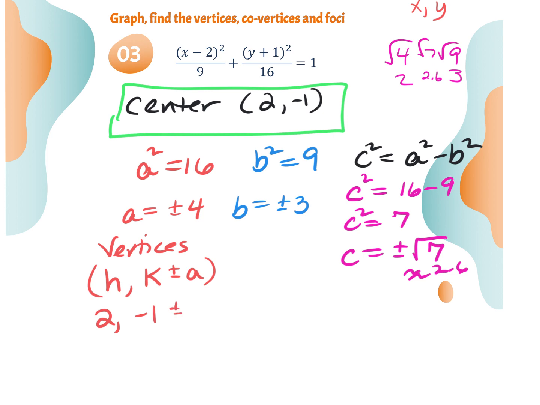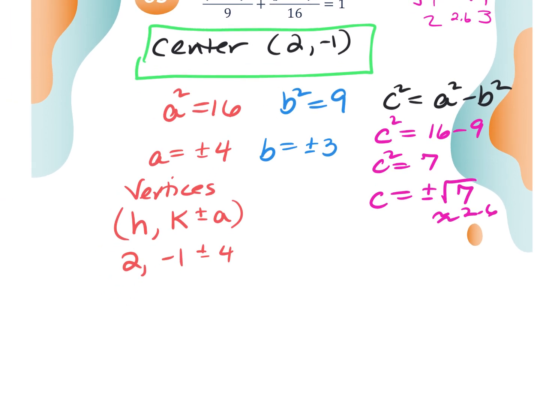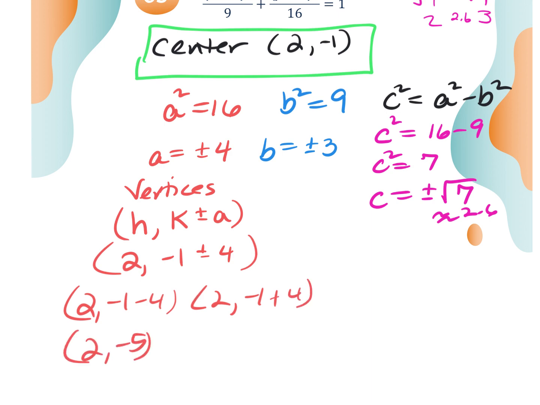And then I'm going to add and subtract 4. So my two vertices are going to be 2, comma, negative 1 minus 4, and 2, comma, negative 1 plus 4. So this will be negative 5, and this is going to be positive 3. These are my two vertices.